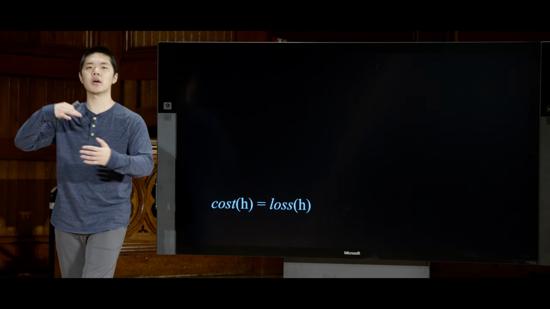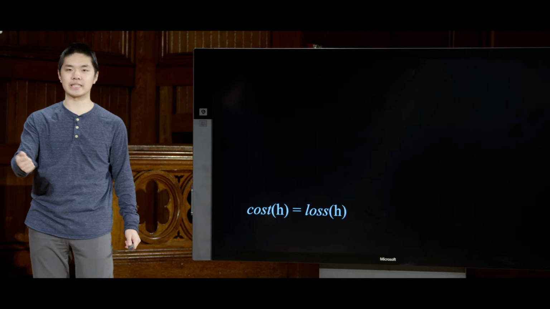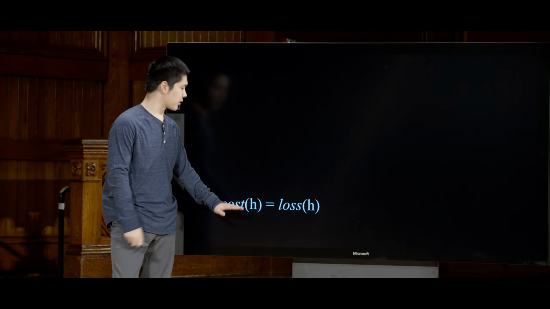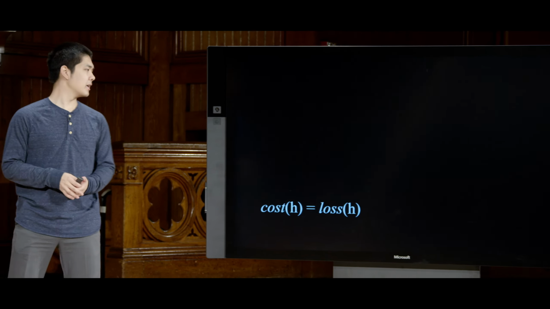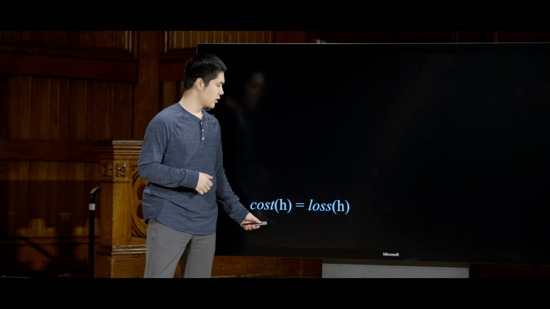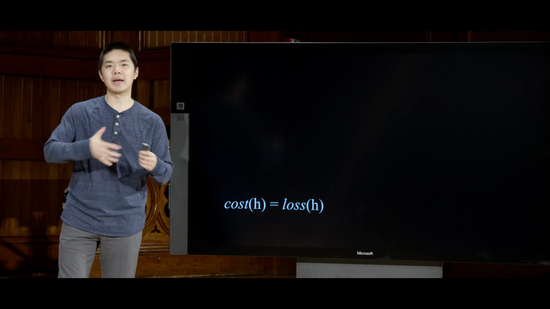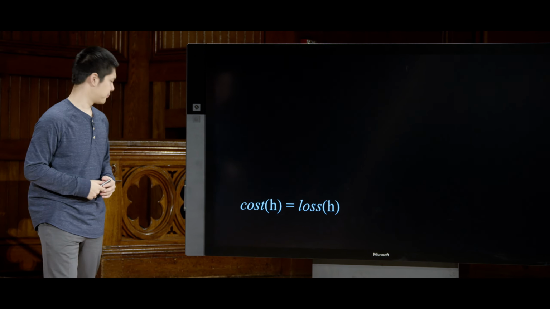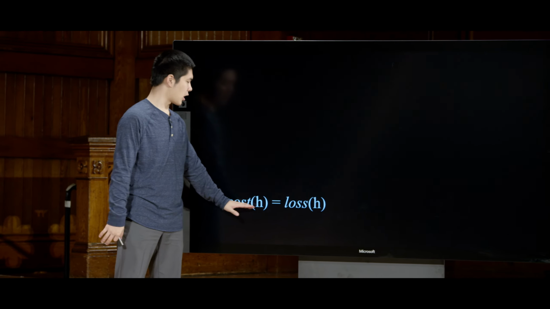Like how far away are the actual data points, the outputs, away from what I predicted them to be based on that particular hypothesis. And if all you're trying to do is minimize cost, meaning minimizing the loss in this case, then the result is going to be that you might overfit. That to minimize cost, you're going to try and find a way to perfectly match all of the input data. And that might happen as a result of overfitting on that particular input data. So in order to address this, you could add something to the cost function.